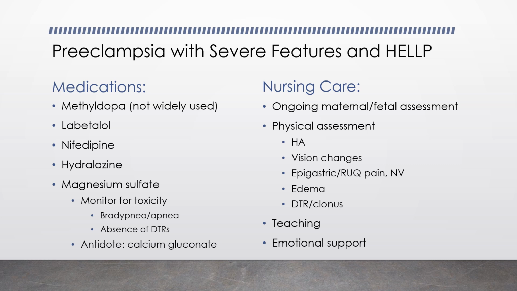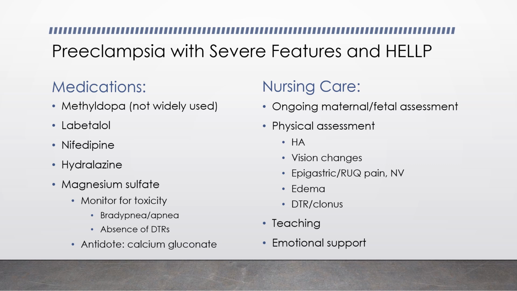These severely, critically ill patients are on hourly I&Os, so you're going to be emptying the Foley very frequently, and you need to let the physician know when the patient's output is inadequate. Remember that I said magnesium sulfate is cleared through the kidneys. So when their urinary output is decreasing, they're not clearing as much MAG, and they're at higher risk for toxicity.